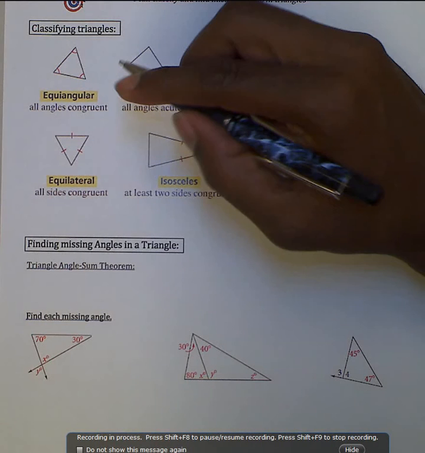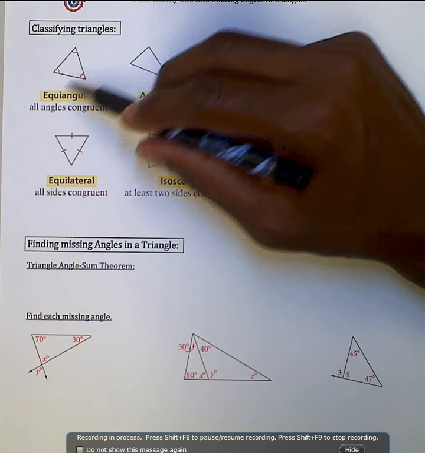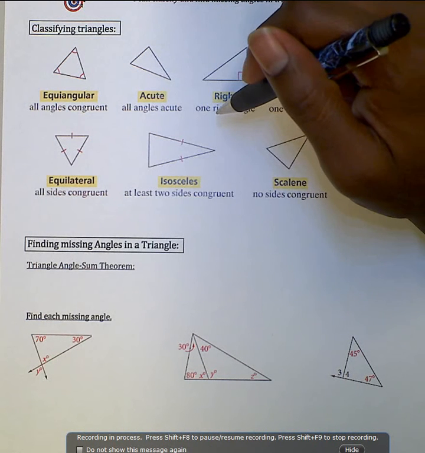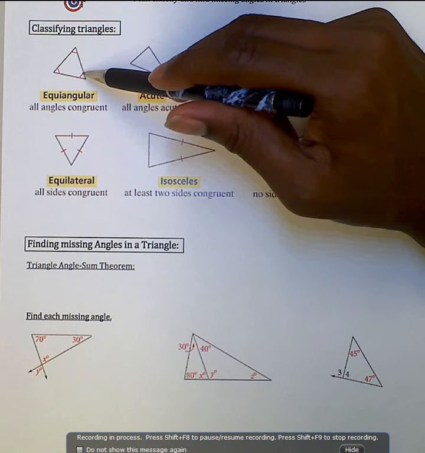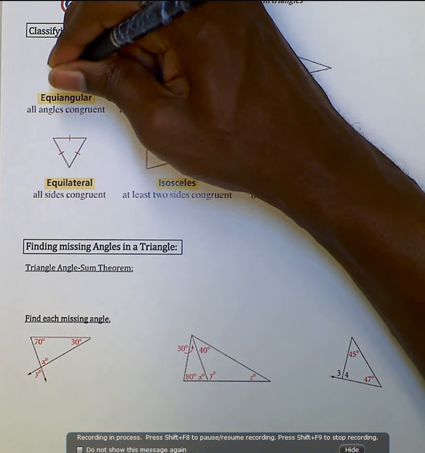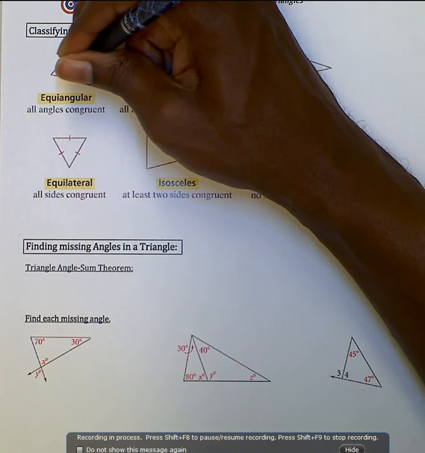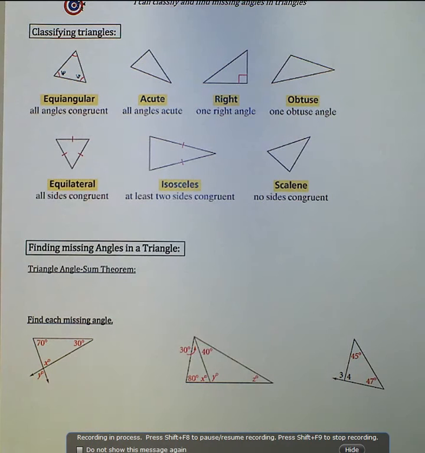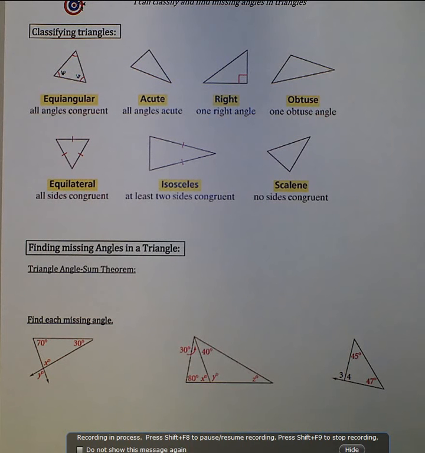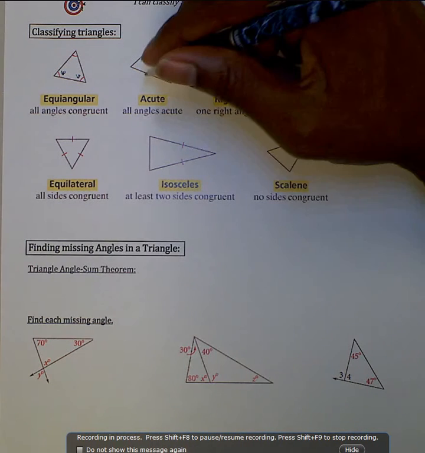If all the angles are the same, it's equiangular. If all the angles are acute, remember that just means they're less than 90, then it's an acute triangle.